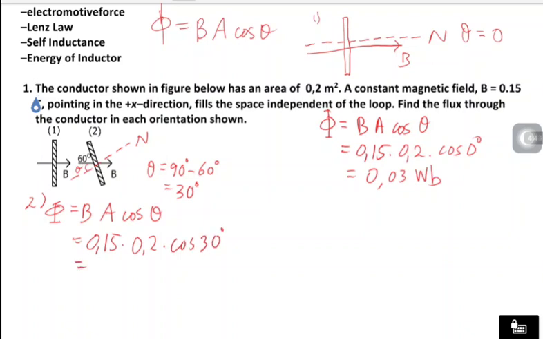We get 0.03 times 1/2 square root of 3, so we get 0.015 square root of 3 Weber. Okay, this is the explanation of calculating the flux through a surface.